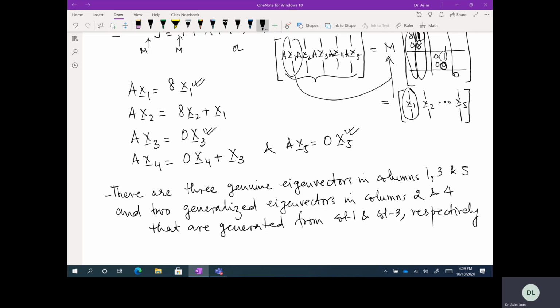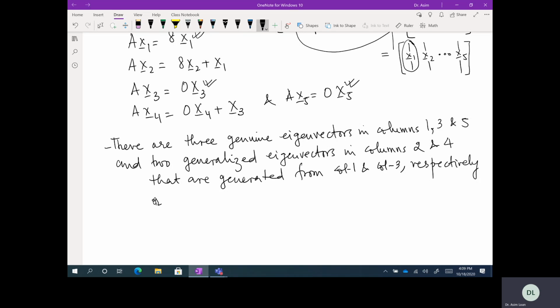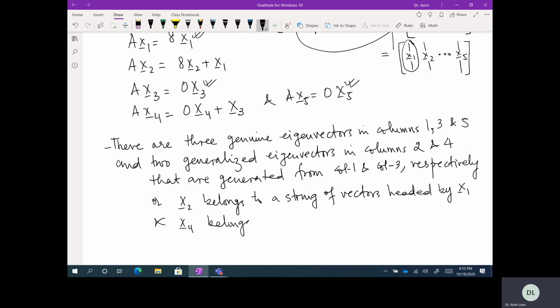So x2 belongs to a string of vectors headed by x1. x4 belongs to a string of vectors headed by x3.